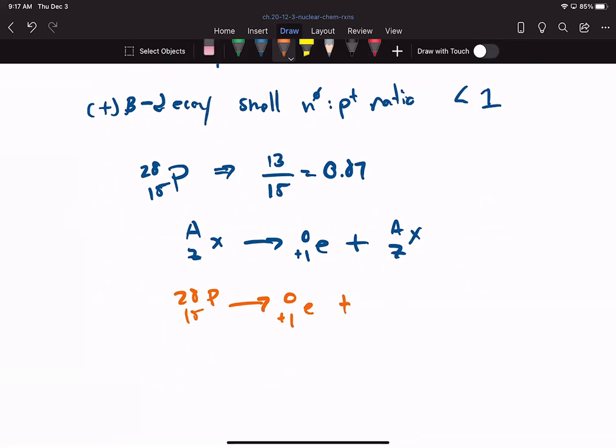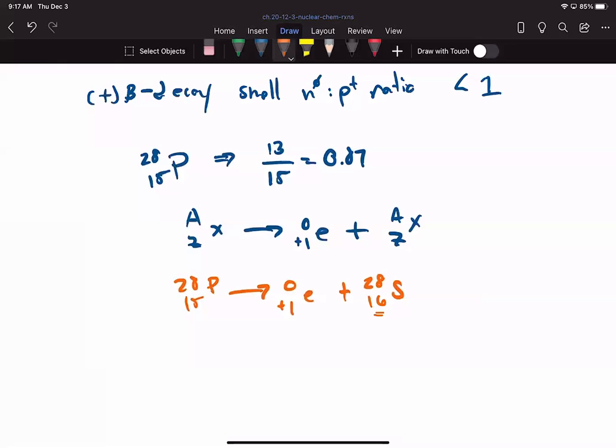The mass didn't change, so we still have the same mass, 28. Then what is this going to be, 16? What atomic number is 16? This turns into sulfur, because sulfur has 16 protons, atomic number 16.